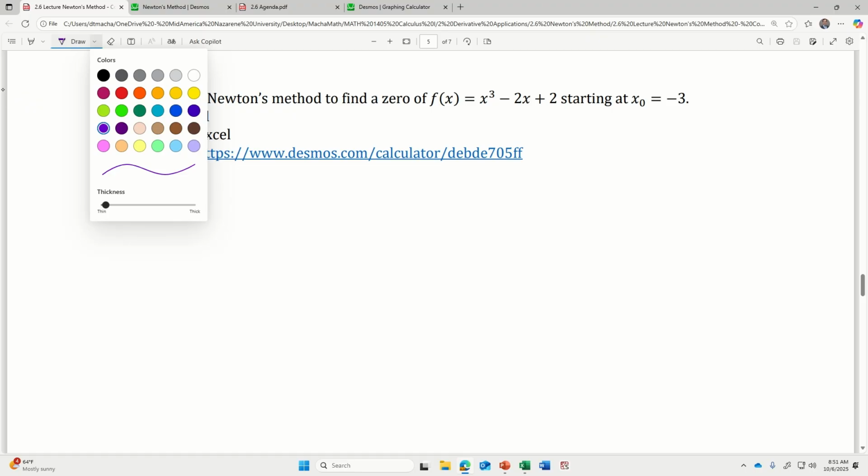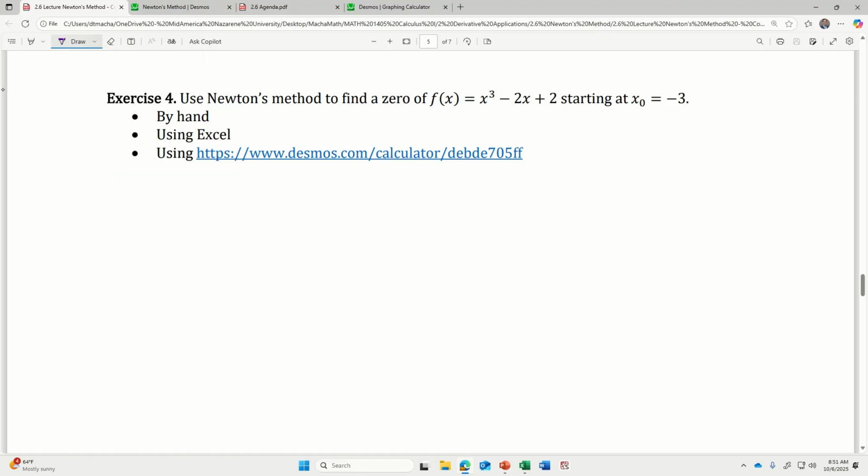And so let's give you some more examples of what to do. By hand, I'm going to make a k column, and then an x sub k column for all of my iterates. And then I've got to take the function evaluated at x sub k, and then the derivative of that function at x sub k, and then the ratio of the function divided by its derivative.